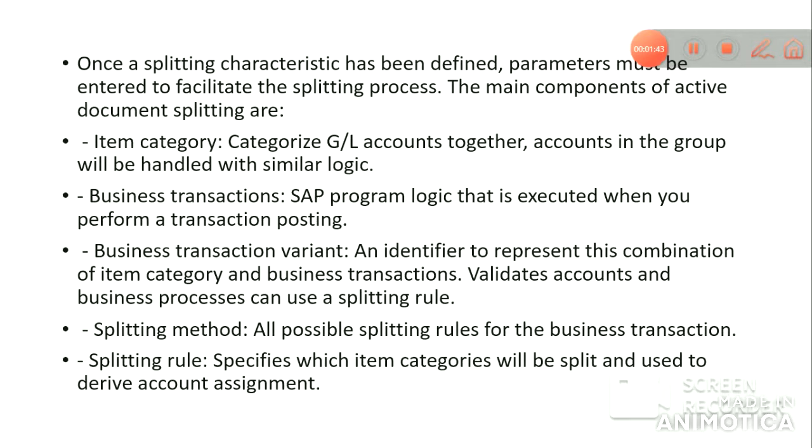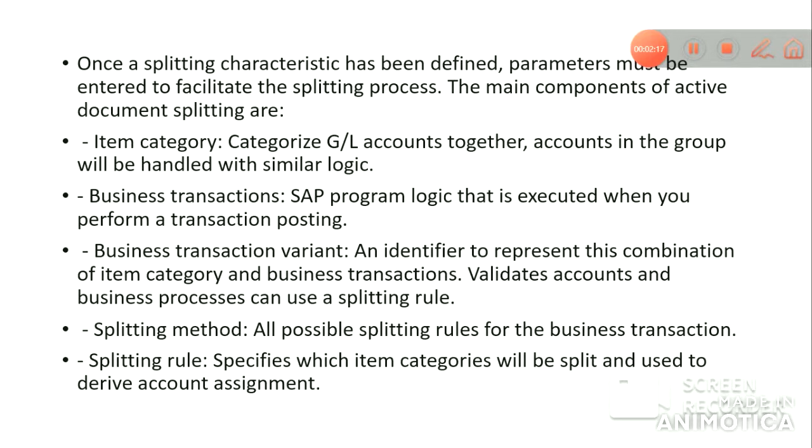The main components of active document splitting are: item category, which categorizes real accounts together; accounts in the group will be handled with similar logic. Business transactions, the SAP program logic that is executed when you perform a transfer posting.